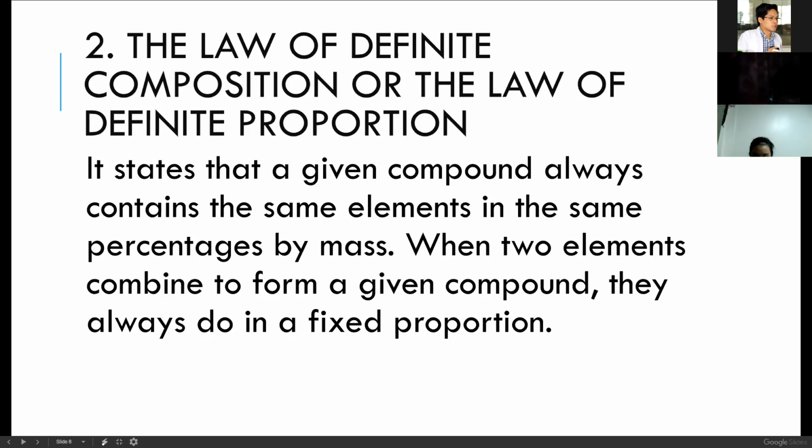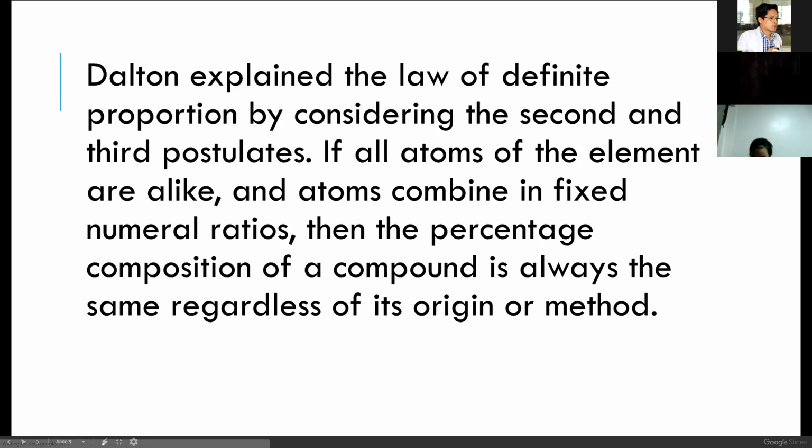Okay? Proportional. Just like when you mix again sodium and chlorine, it should be the same proportion. That is according to the law of definite composition or the law of definite proportion. Let's tackle more about this later.